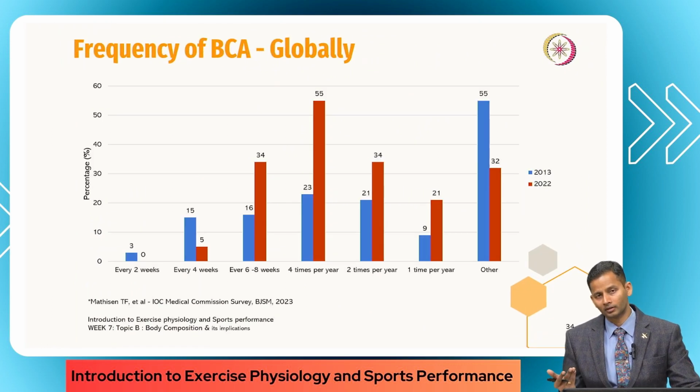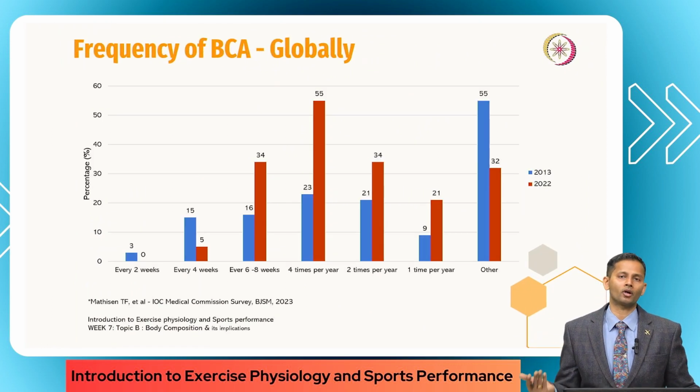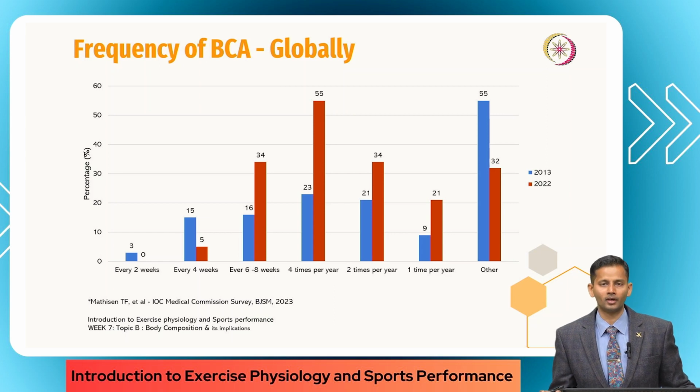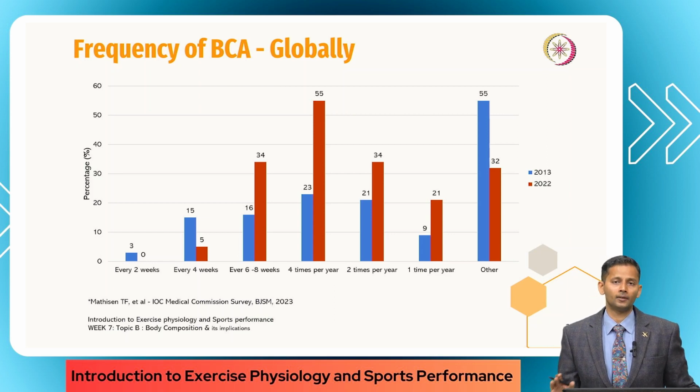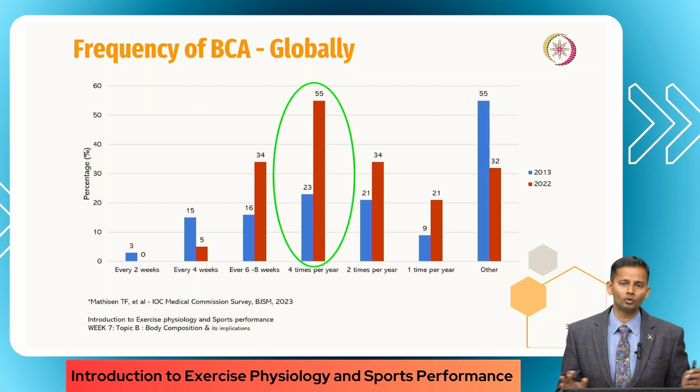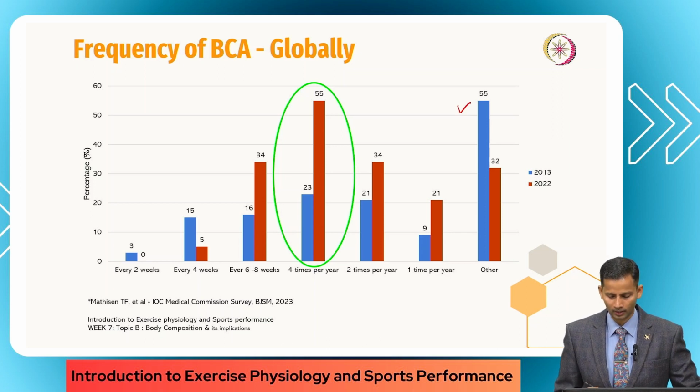So how frequently should we do a body composition assessment in the case of athletes? Say again, during this survey by the IOC, it was found that the frequency has now moved more towards 4 times per year. Earlier, if you see, there was no option for this, others. There were too many people commenting on others. However, predominantly there's no real consensus.